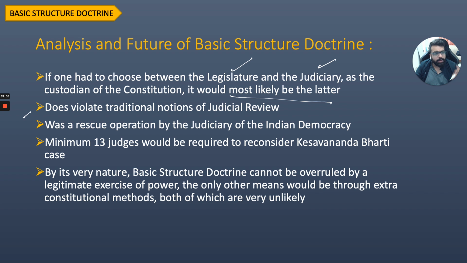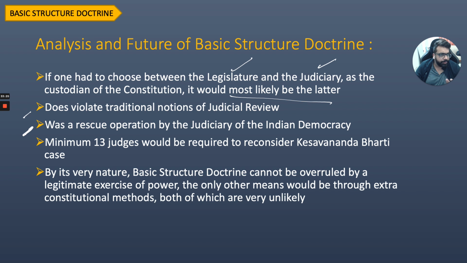You strike the laws down, it makes sense. But if you come up with something which has no mention in any law, that is actually not judicial review. It is judicial activism, right? And it is a matter of unquestionable understanding that this essentially was seen as a rescue operation of the Indian democracy by the judiciary.